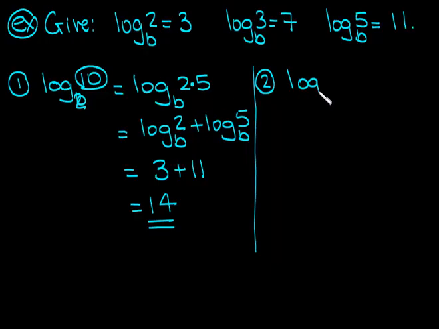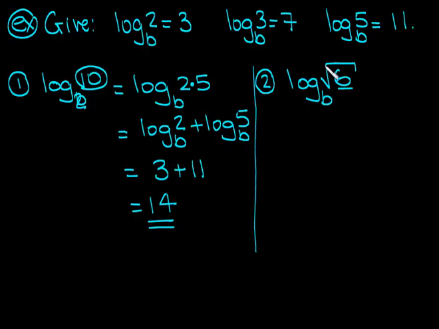How about this? If they give us log of... actually let's make it interesting. How about log of the square root of 6 base b? Okay, now I want to write 6 using 2, 3, and 5.